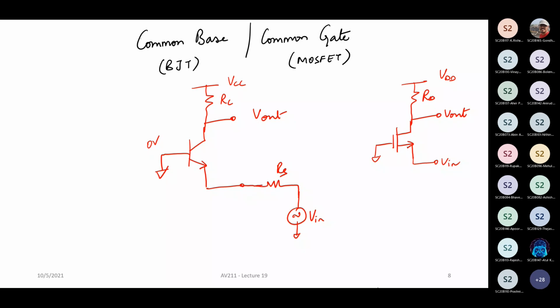If you connect like this, first of all, there are two problems here. The first problem is that all your DC bias current, or DC quiescent current, flows through Vin, which is a bad thing. You don't want that to happen.